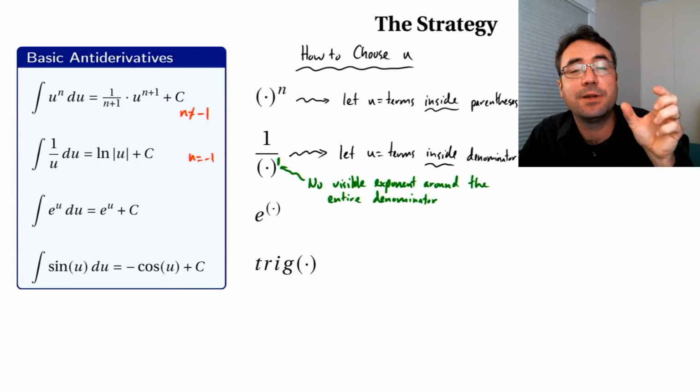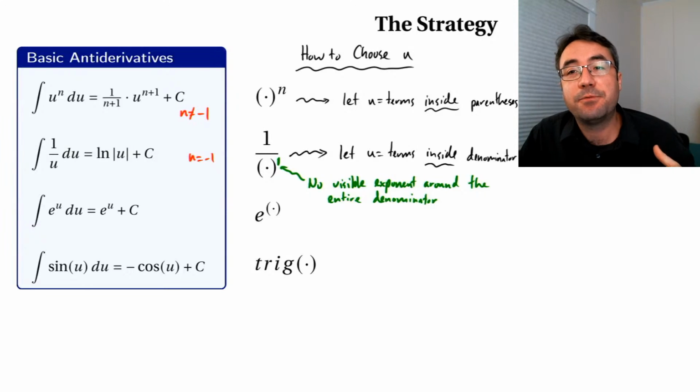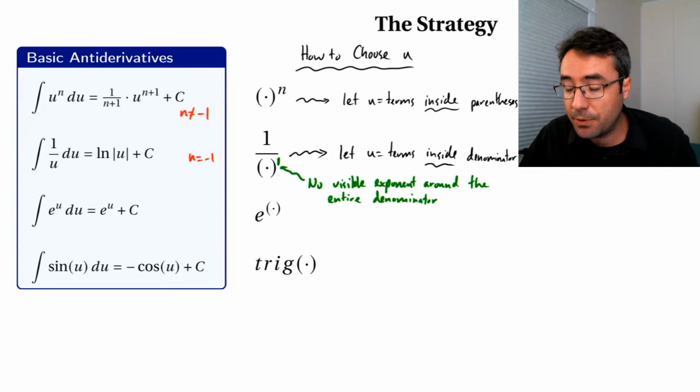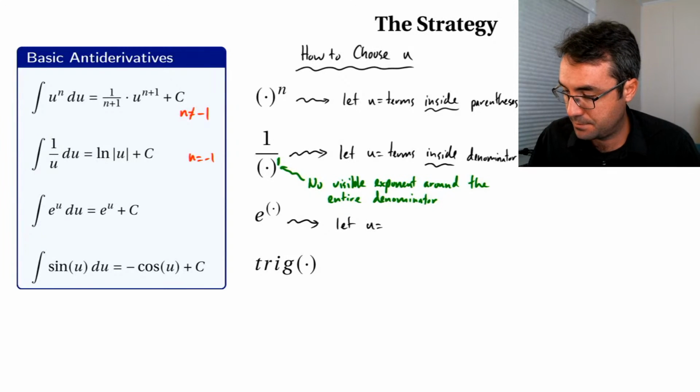All right, so if we have a power function, terms inside parentheses. If we have a fraction, we might choose let u equal what's inside the denominator. If we see an exponential function and there's something complicated in the exponent, then you let u equal what's up there in the exponent. So you let u equal the terms that are inside the exponent.